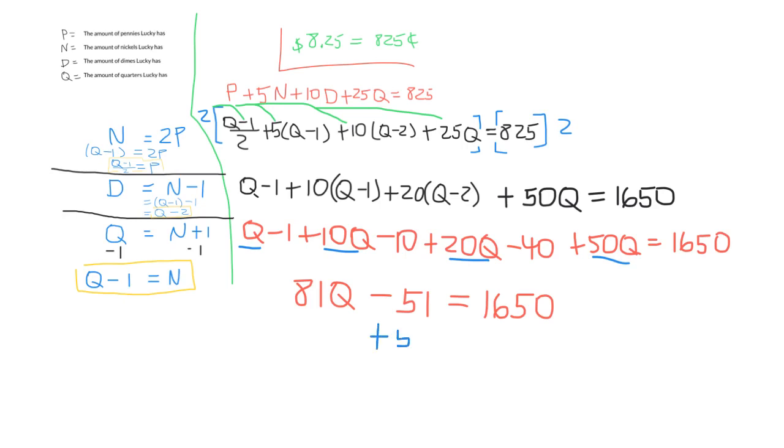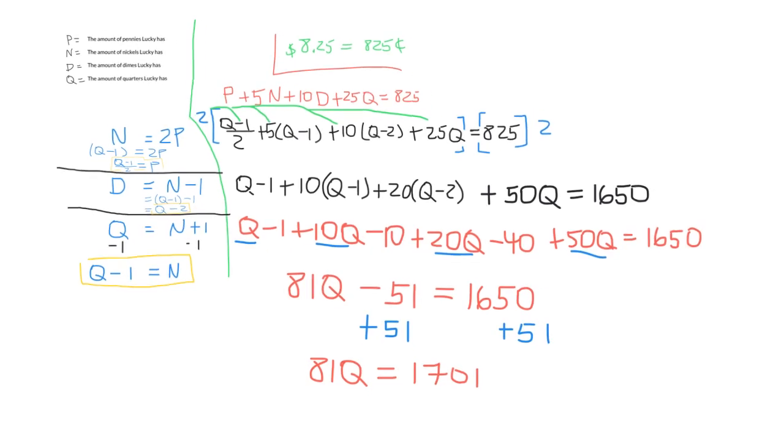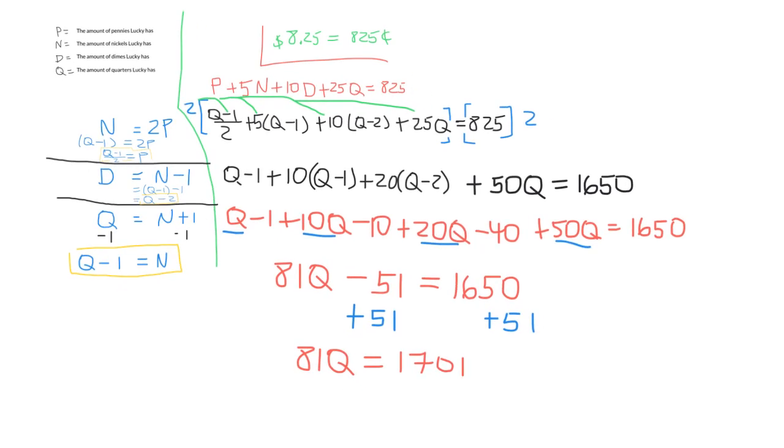So at this point, of course, we're going to have to add 51 to both sides. I'll denote that right now. And what we have as a result is 81q equals 1650 plus 51. Now that is 1701. I know that that's 1,701, but I like to just say the numbers like that; it's easier on my brain. So at this point, as many of you at home know, you would have to divide both sides by 81.